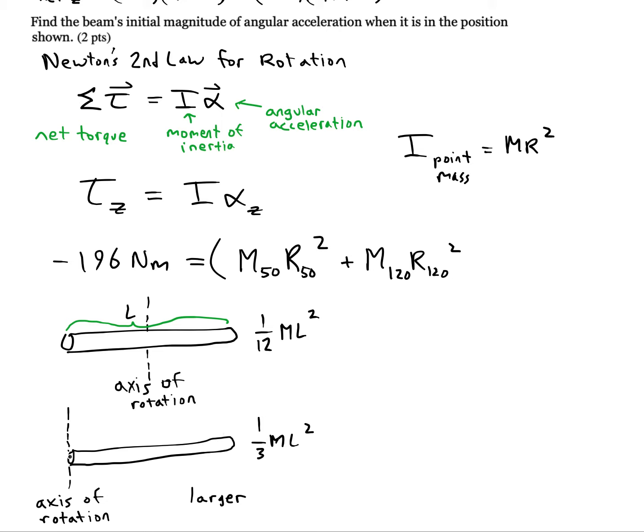It just means it's more difficult to get the thing spinning around that big loop. Here, a lot of the mass is concentrated in the center, so we have a smaller moment of inertia. It's easier to get it to accelerate angularly. And that'll be our formula.